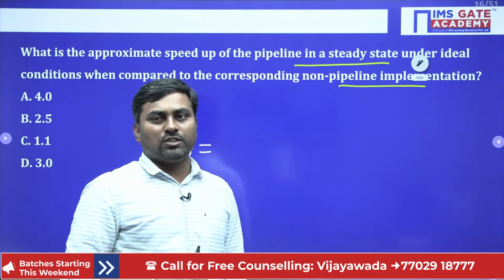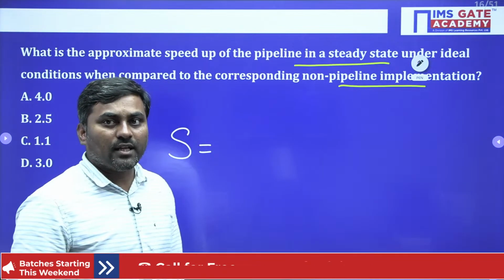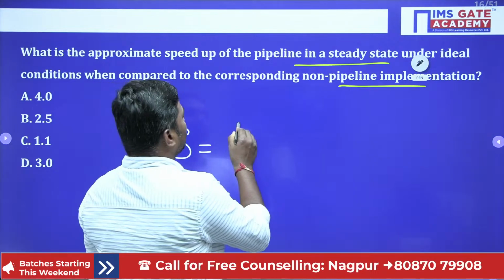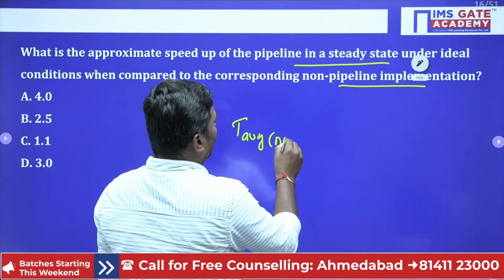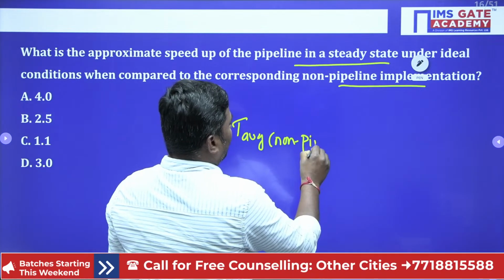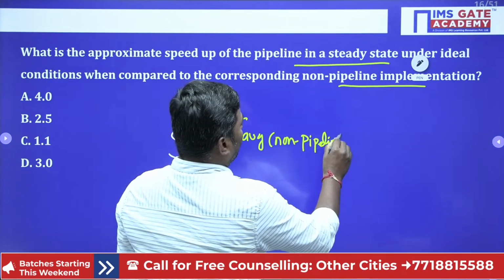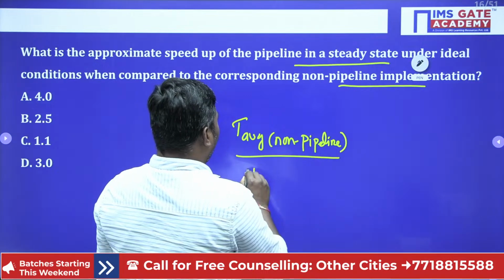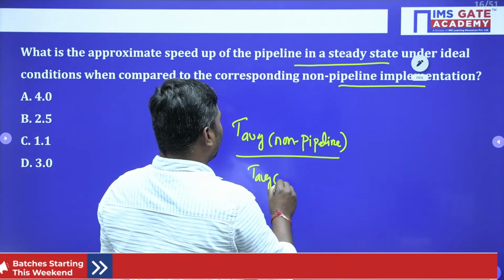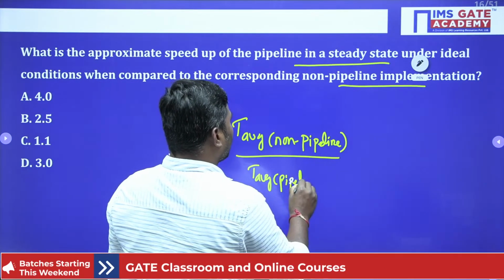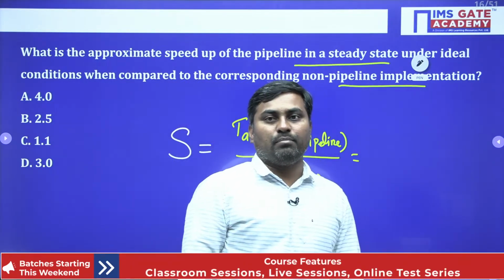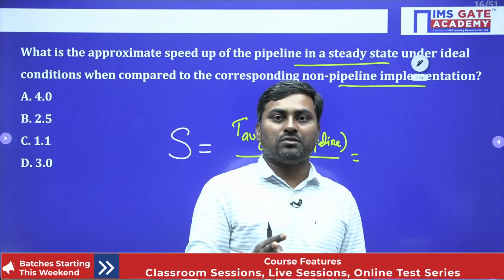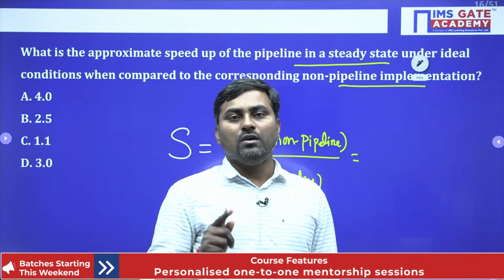Under ideal conditions, please understand, the speedup factor means the average time required for one instruction in the non-pipeline approach divided by the average time taken for one instruction in the pipeline. If the pipeline is ideal, clocks per instruction equals 1, as I discussed in the last session.